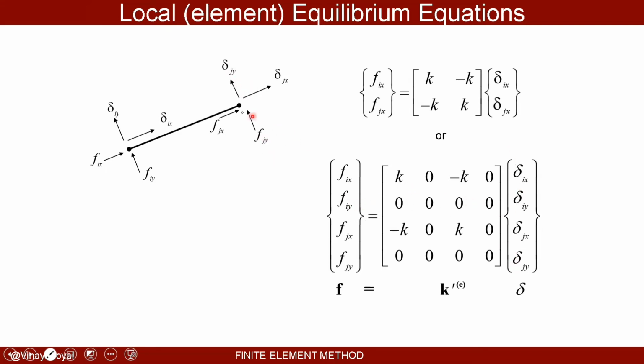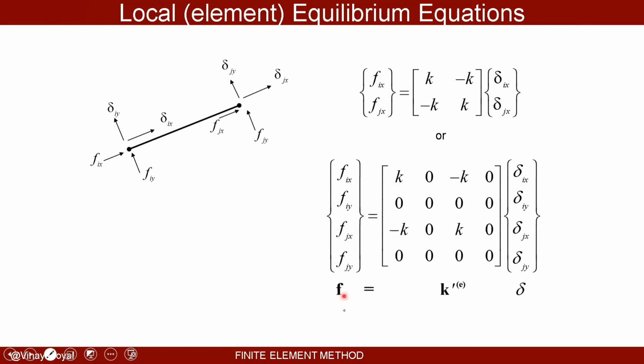Fiy, you shouldn't have any load going that way because bars can only take loads axially, locally. Let's look at Fjx. Fjx is minus k times that, plus 0 times that, plus k times that, plus 0 times that. Well, that's exactly what I got here too. So this here is equivalent to that. Everybody can agree with me on that.